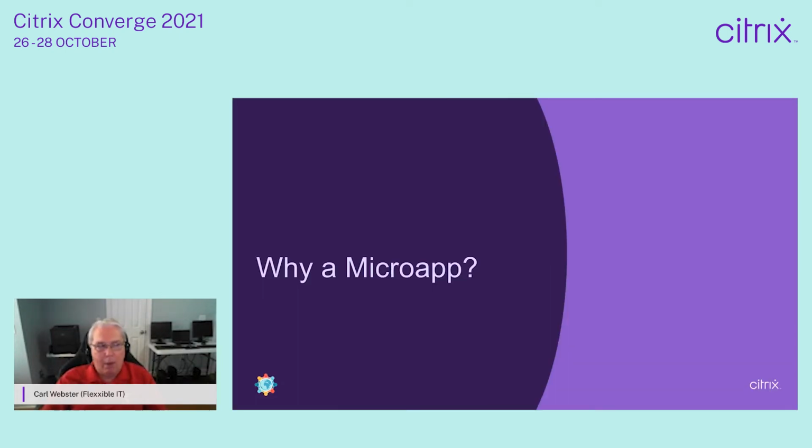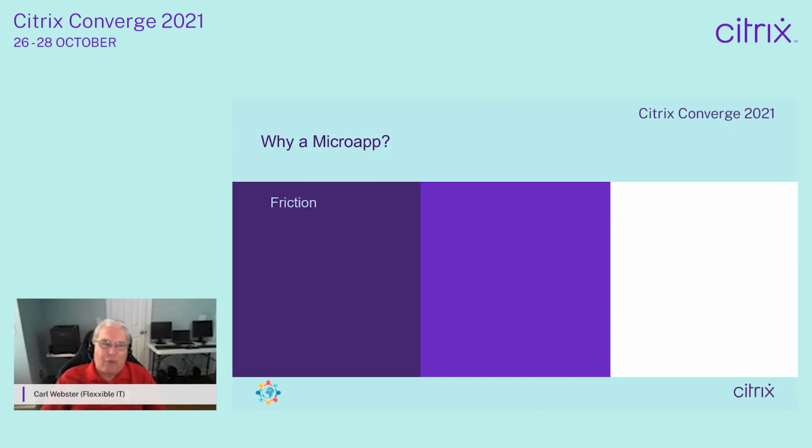Now, why a micro app? Well, friction. When I gave you examples of Citrix gives, like entering time, entering an expense, requesting PTO, or checking on your digital well-being, you want to make that as easy as possible for your employee.